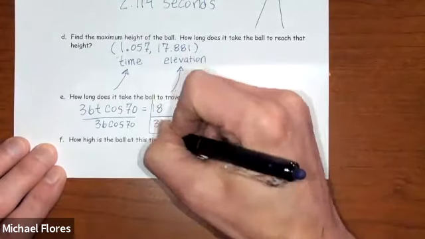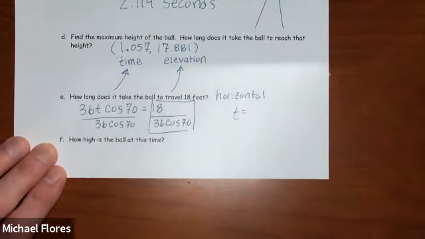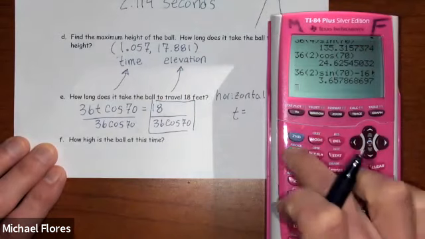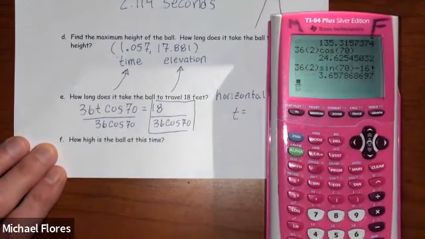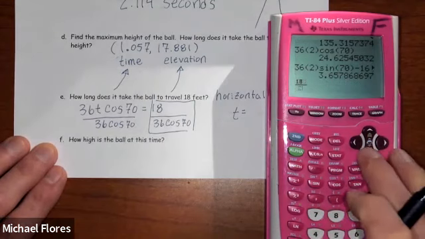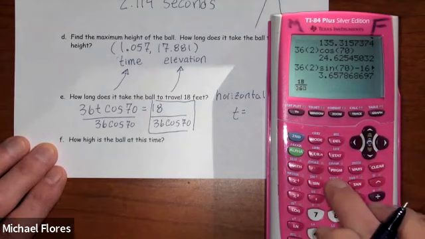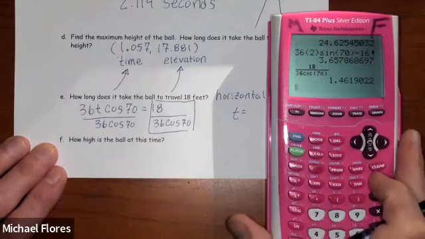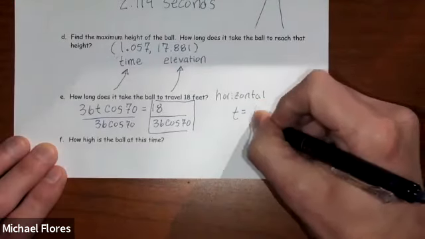So this right here, that's what you're going to want to plug into your calculators. Alpha y equals enter. I would use the fraction symbol here. 18 over 36 cosine 70. 1.462 seconds.